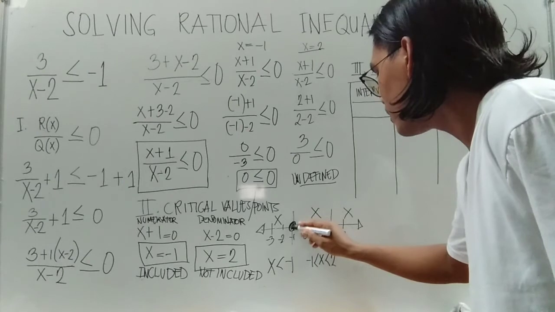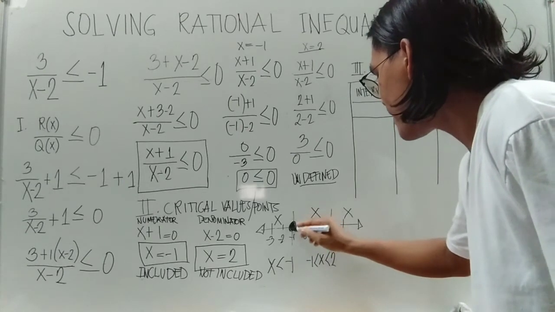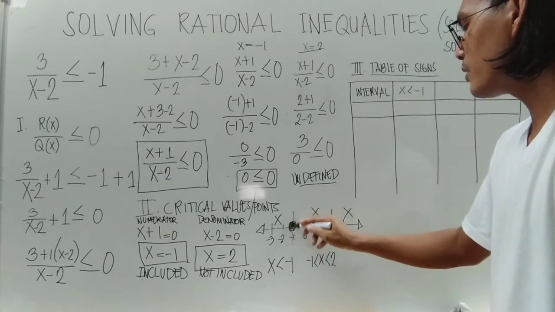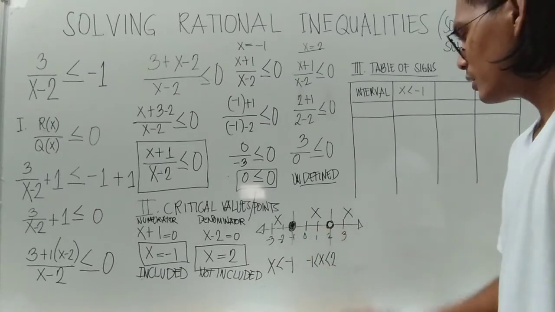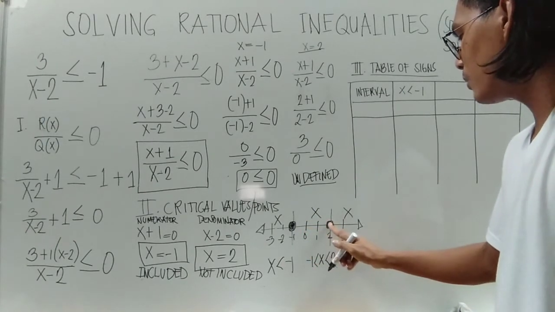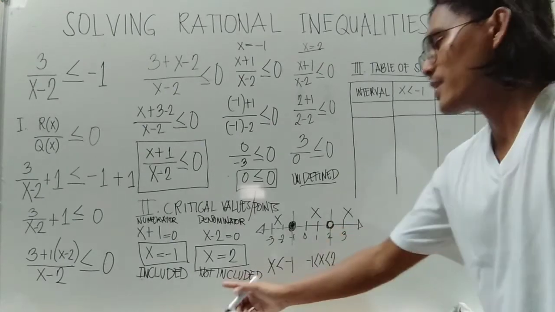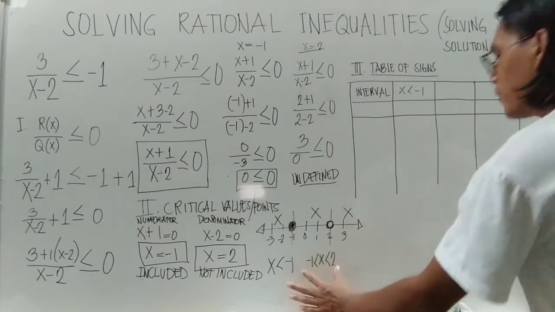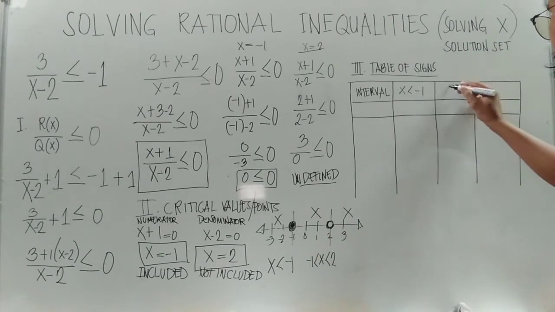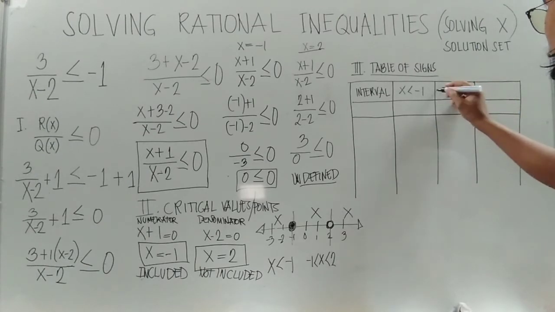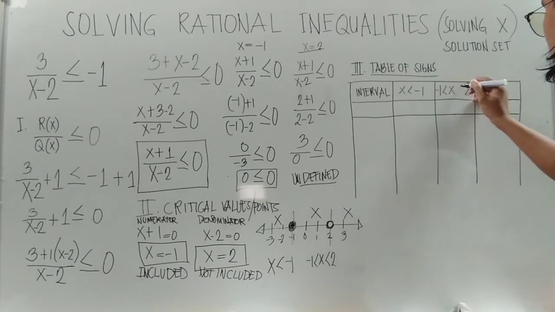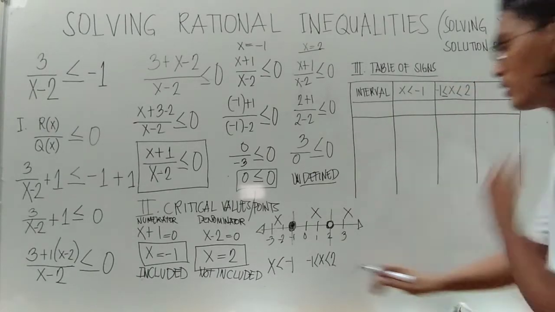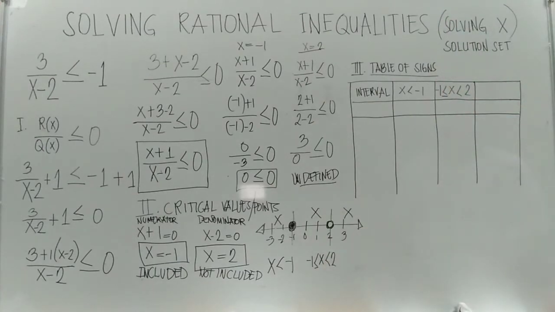In your books or modules, you can see that negative 1 has a solid circle or dot, while positive 2 is a hollow or open circle because it is not included in your solution set. Let's put it in here: x, then we have positive 2 and negative 1. The symbol is this one, and we will be putting equal on there.